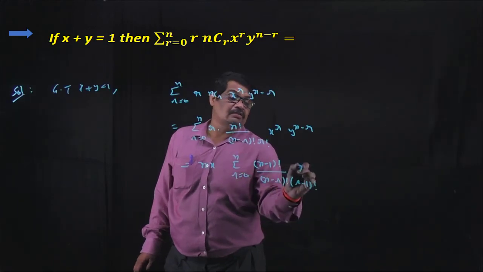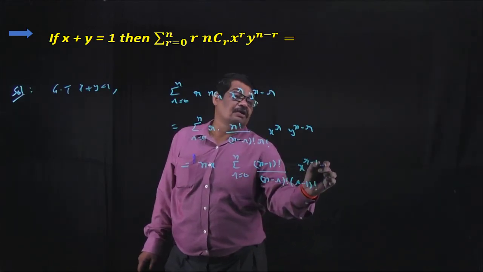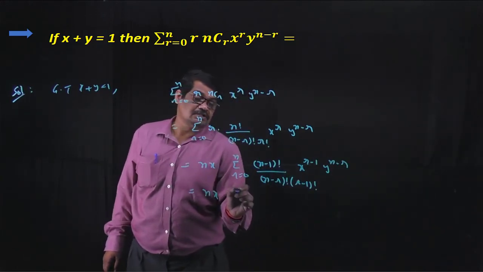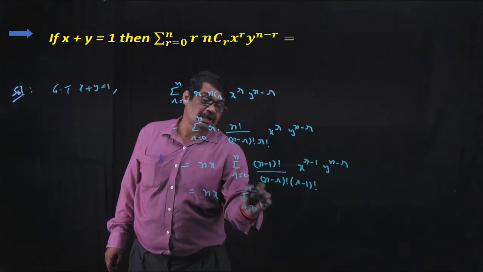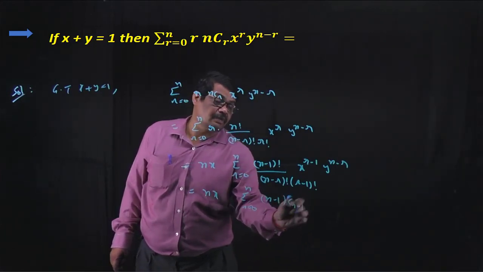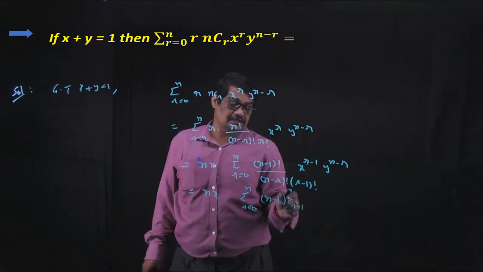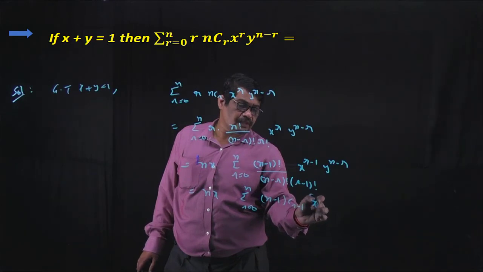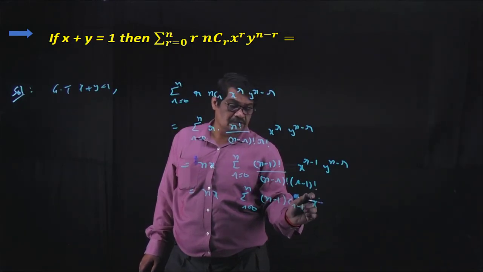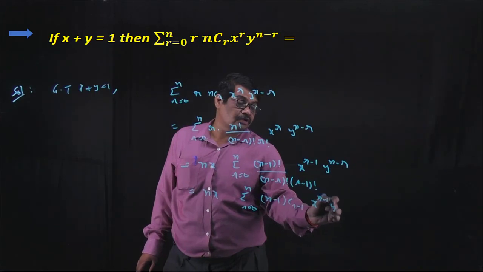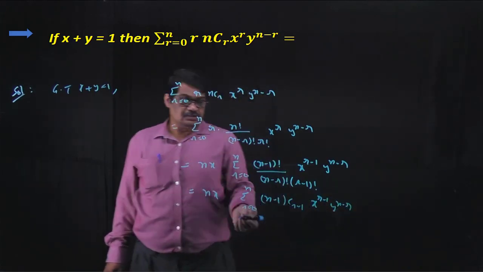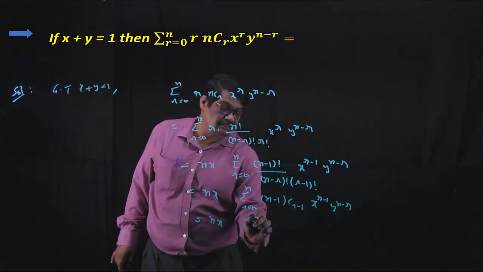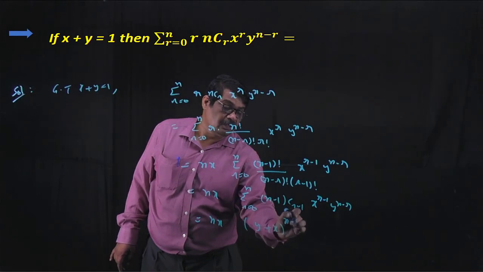Here x is common, so we get x^(n−r) y^(n−r)... that is nx times the sum over r of (n−1)C(r−1) x^(r−1) y^(n−r). So this expression can be written as nx (y + x)^(n−1).